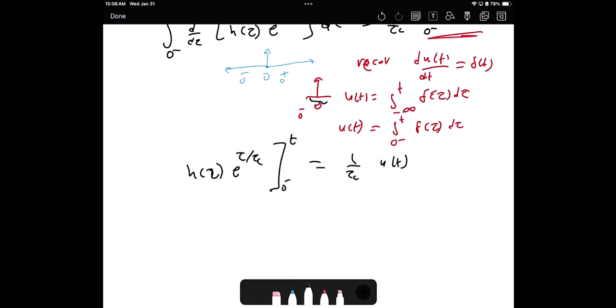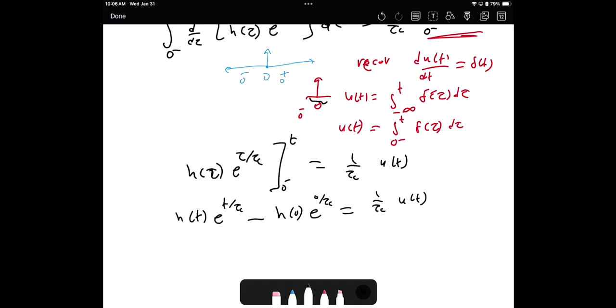Now let's substitute. Substituting t for tau, it will be h of t e to the power t over tau c minus h of 0 e to the power 0 over tau c equals 1 over tau c u of t.